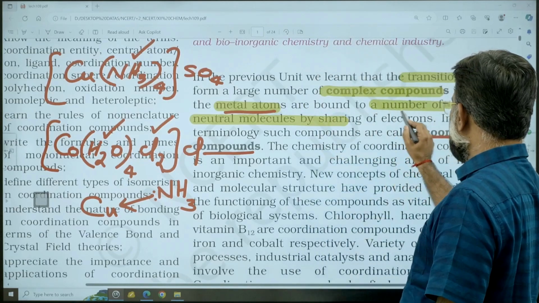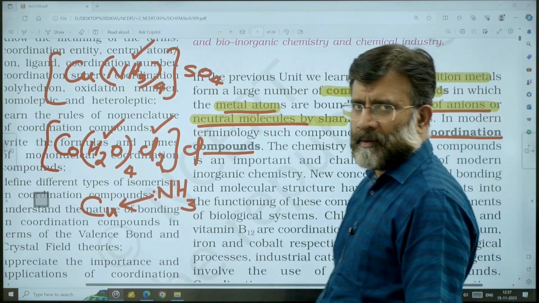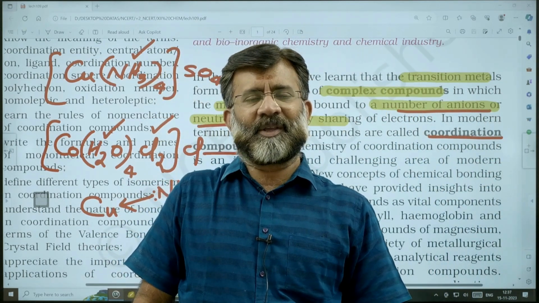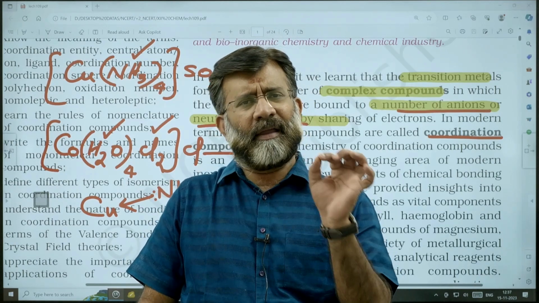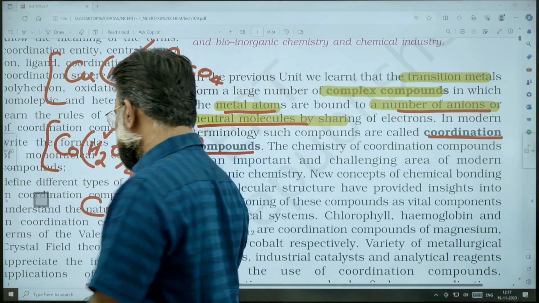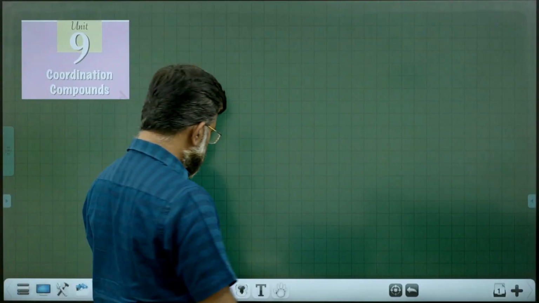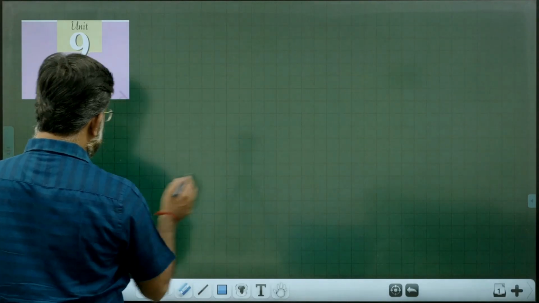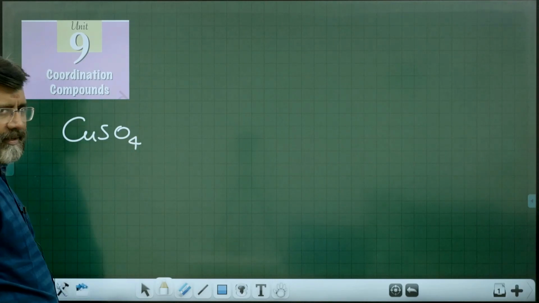So a central metal atom is bound to a number of anions or neutral molecules, and thereby we get a complex molecule. Complex molecules are basically formed by the combination of simple and stable molecules. Simple and stable molecules combining, you get complex molecules, which are called coordination compounds. Imagine you take simple molecules like copper sulfate, which is colorless in nature.